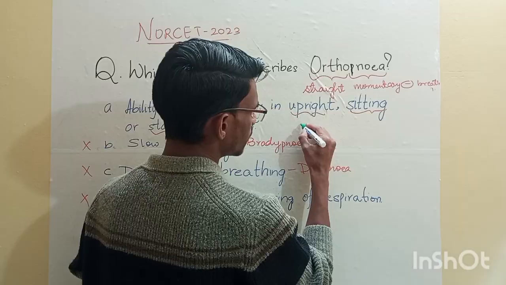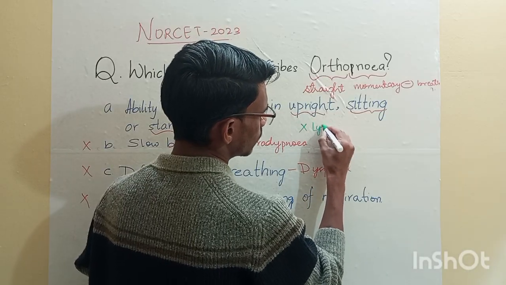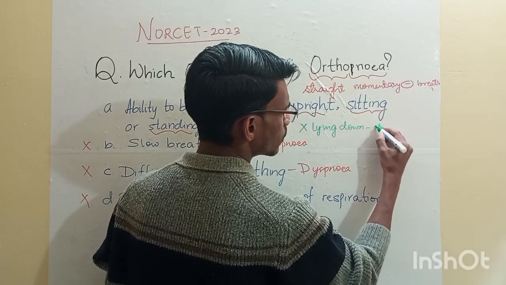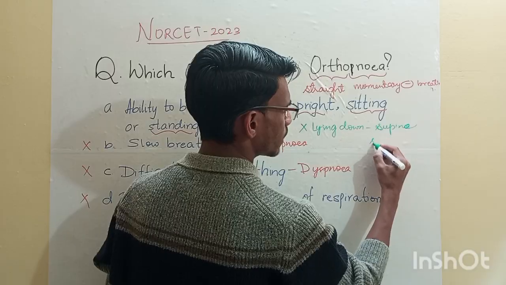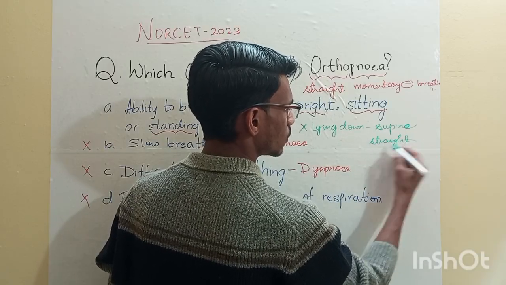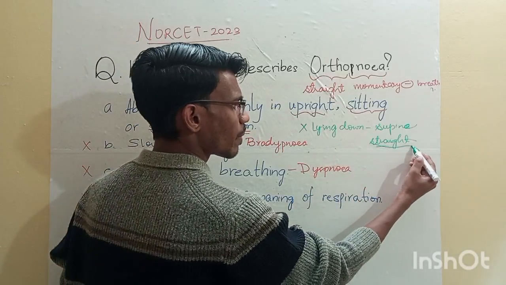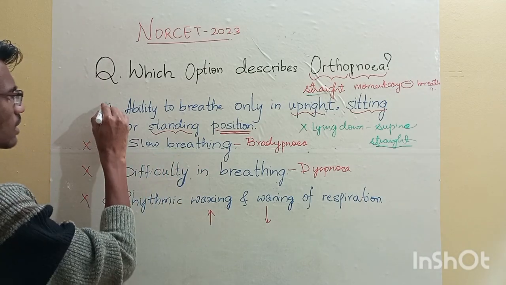This means that the patient is unable to breathe when he is lying down, which is supine position, or you can call straight position. As per the definition, the patient is unable to breathe when he is in a straight position. So this has to be the answer.